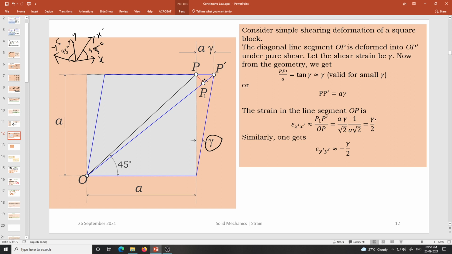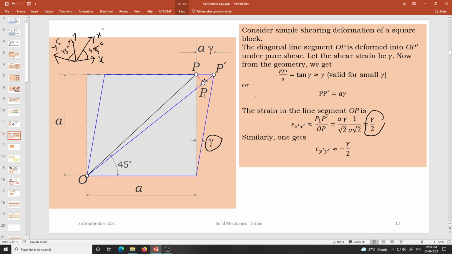Along that direction we are going to get this direct strain, that means one of the diagonals is getting elongated, the other diagonal is getting contracted, shortened. So the stretching is gamma over 2, and the strain in the other direction is minus gamma over 2. That means the length is going to reduce.